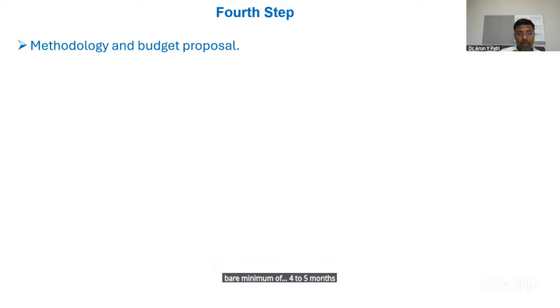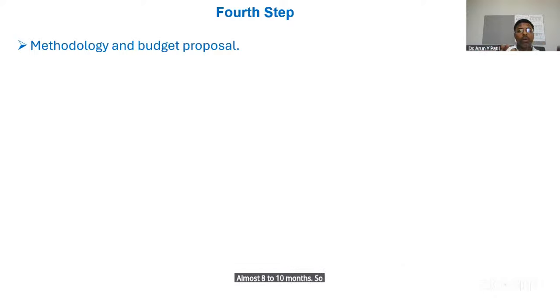Minimum I am talking about, that too in ANRF. In ANRF, you can get the acceptance or rejection in 4 months' time. But having said that, DST used to take almost 8 to 10 months.